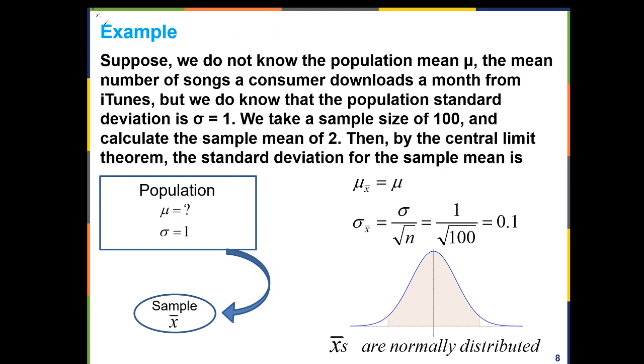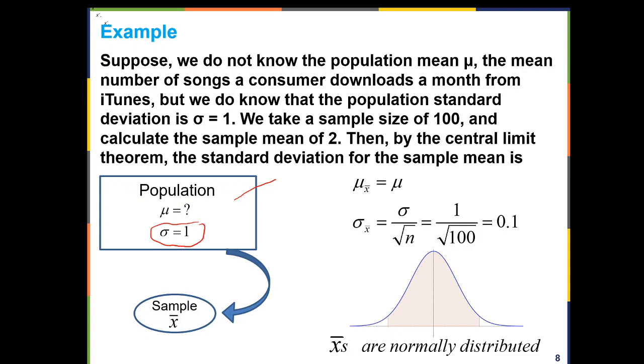Now, suppose the population is the number of songs that consumers download every month from iTunes. We don't know the average number of songs that consumers download, but suppose we know the standard deviation of the population.